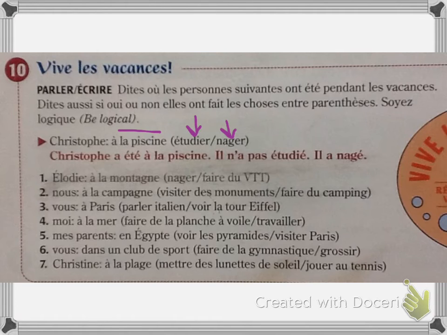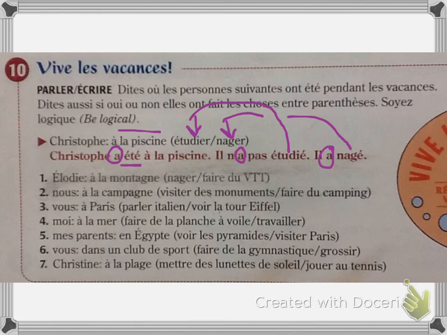So notice we're doing a total of 3 sentences here. Our first sentence is always going to use the past participle été, and remember our form of avoir. Form of avoir, then the past participle of our second verb, and then our form of avoir again, and the past participle of our third verb. In this case, if we're at the pool, we're not going to study.